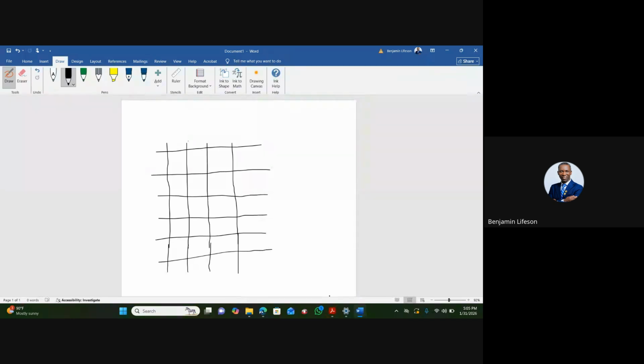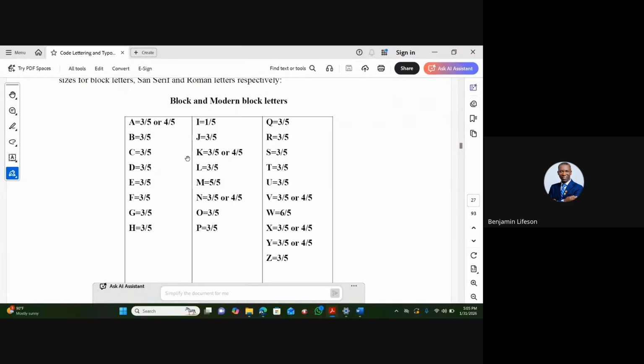So let's take letter A. It is 3 by 5. It means that letter A is going to cover 3 boxes horizontally and 5 boxes vertically.